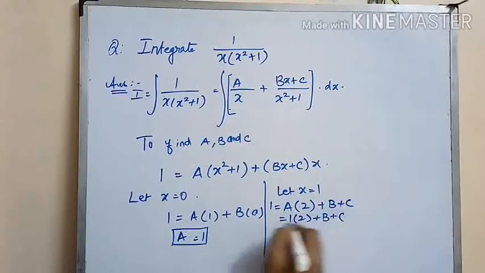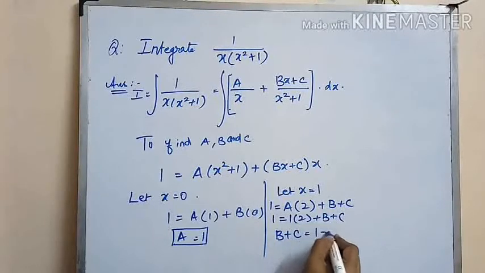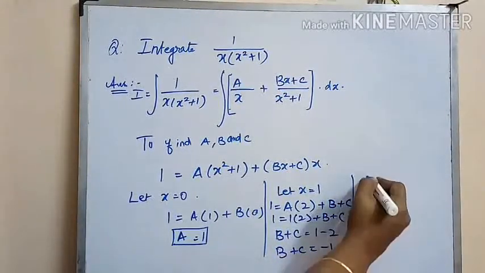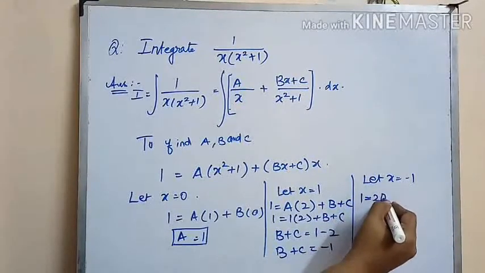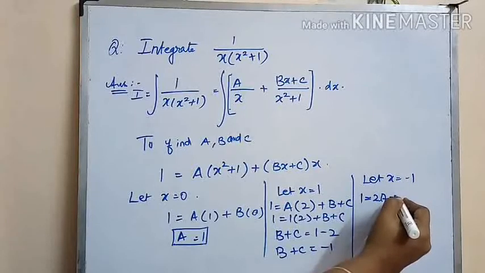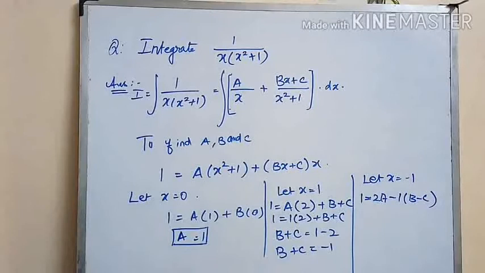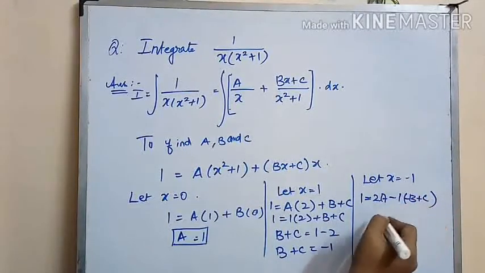So b plus c is equal to 1 minus 2, which is equal to minus 1. So b plus c is equal to minus 1. Now let us substitute x is equal to minus 1 in the above equation, which gives b minus c is equal to minus 1.